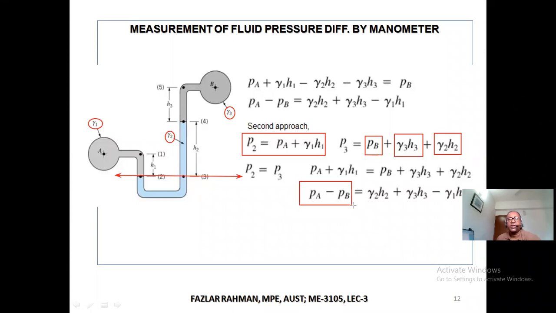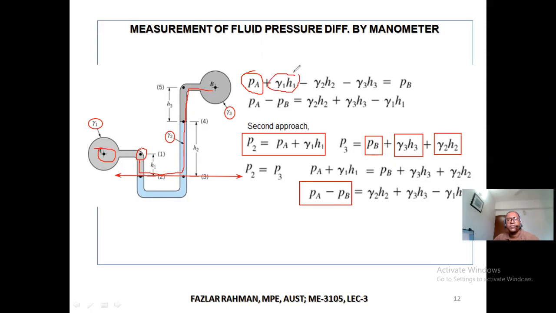Other than that, you can walk down from point A, then go to point B. So you walk down from here, same thing, you come over here, then go to point B. So what is the pressure right over here? Equal to PA. I'm walking down by height H1, so plus H1 gamma 1.